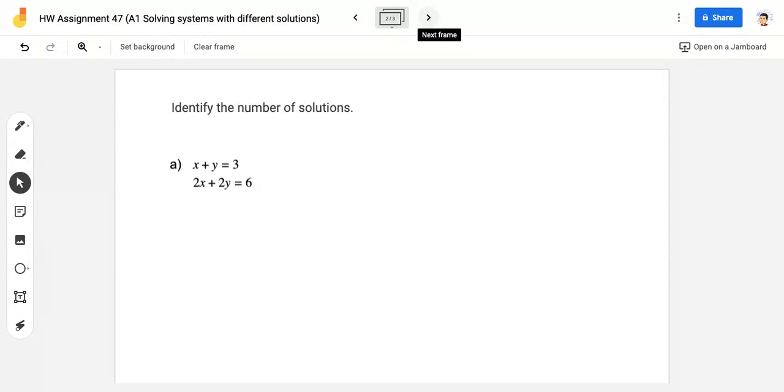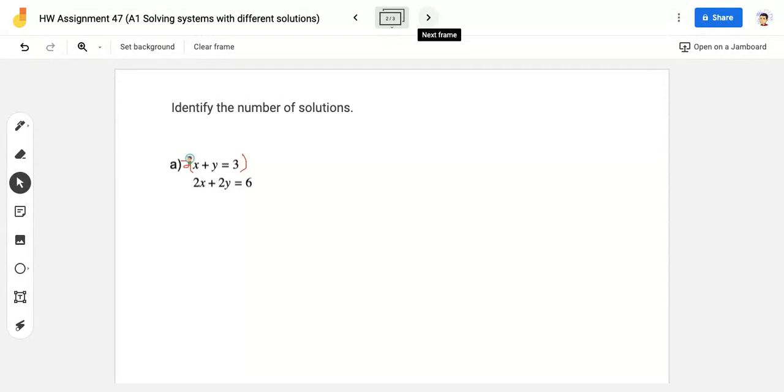Taking a look at this system, I'm going to use the elimination method. The first thing I need to do is get the coefficients of my variables the same. Let's see if I can eliminate my x's. I'm going to multiply everything by 2.